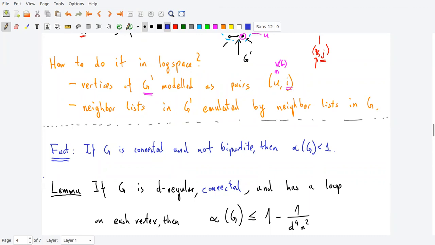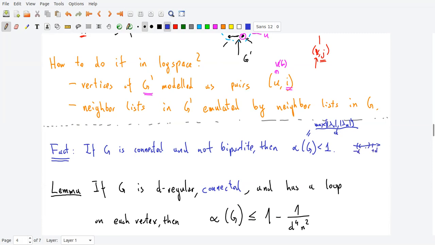That if I have a connected graph that is not bipartite, then actually this alpha, recall that alpha is how much the spectrum is concentrated. So this is the maximum absolute value of a non-trivial eigenvalue divided by d, the regularity of this graph. So this alpha tells you how much the spectrum is concentrated in this interval from minus d to plus d.